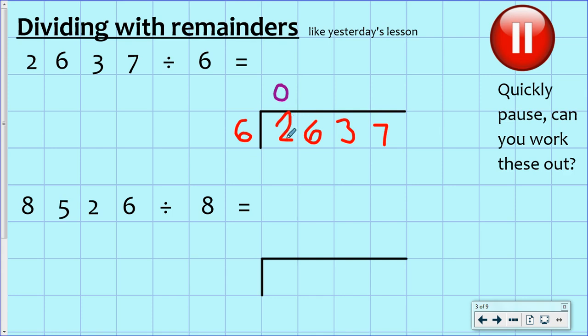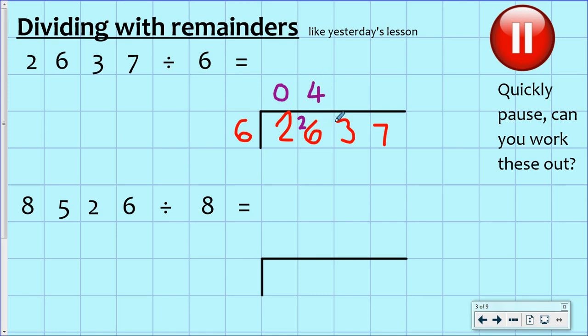So these 2 thousands exchange and become 20 hundreds. So 26 hundreds now. So 26 divided by 6, well, if I count up in my 6s, 6, 12, 18, 24. So I know 24 is 4 groups of 6, but I've still got 2 left over.